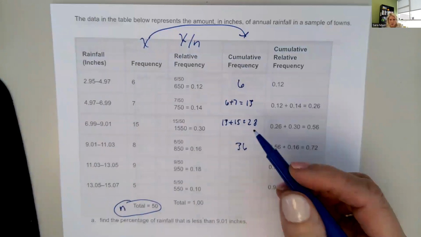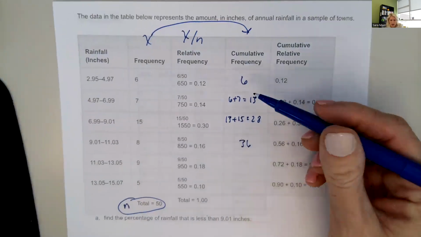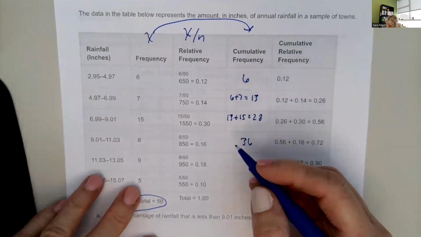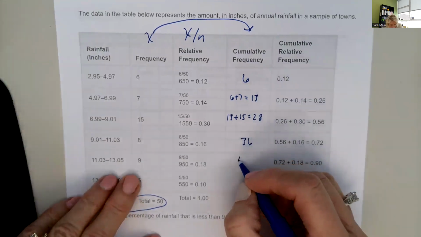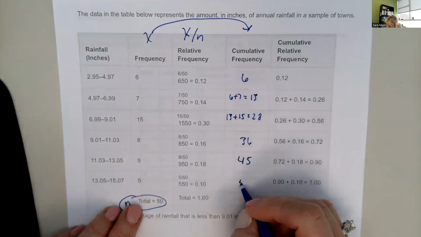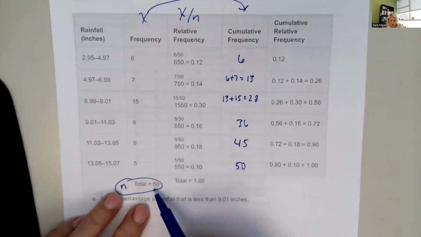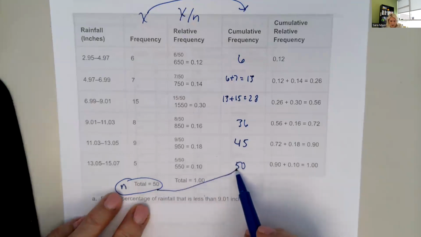It's cumulative, so it's including every group from below, every class from below. So 13 plus 9 is 45 and 50. So the very last cumulative should be equal to your N. These should match.